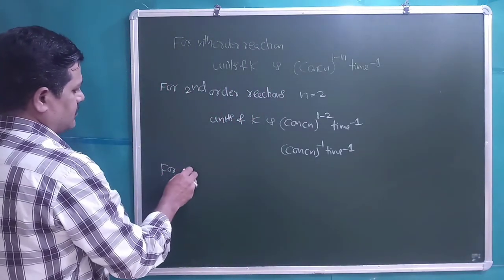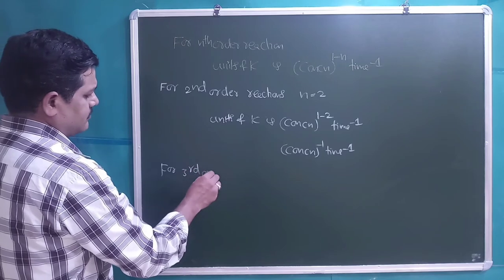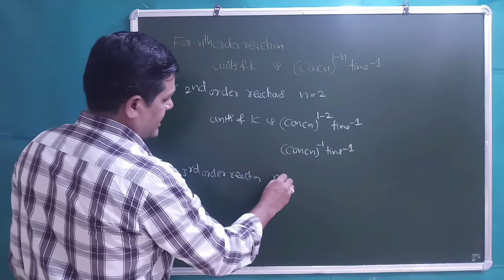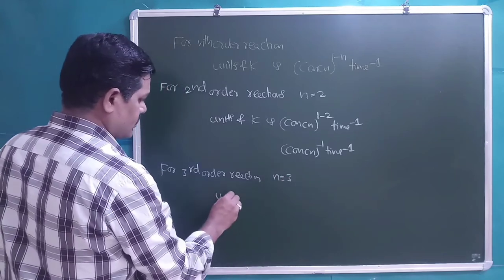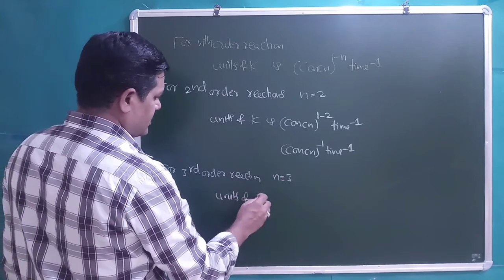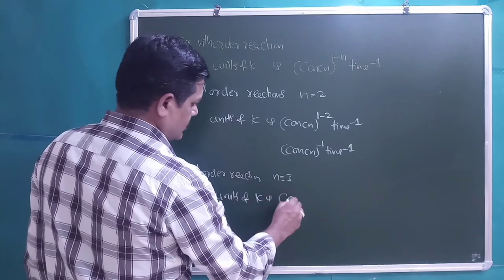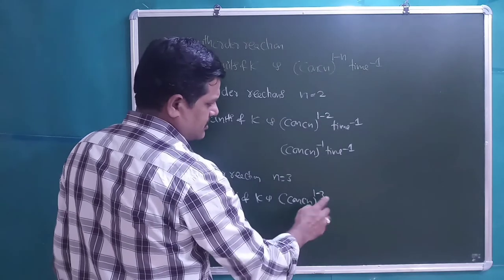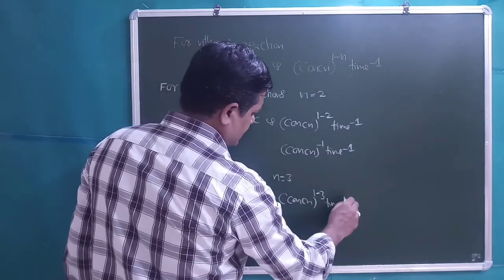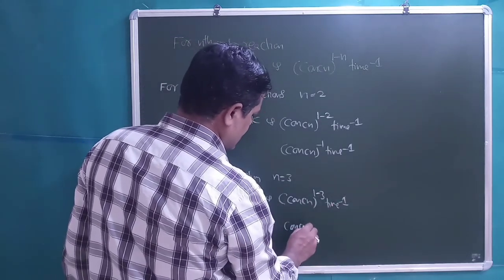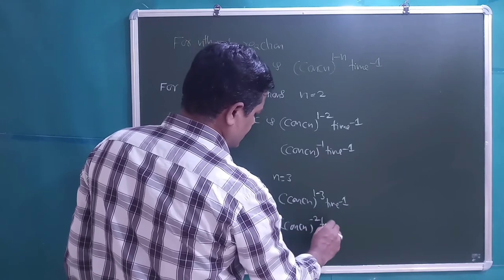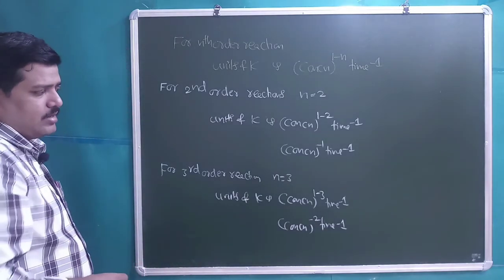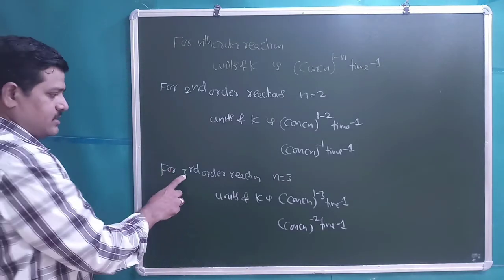Similarly, for third order reaction, n is equal to 3. Units of K are concentration power 1 minus 3, time inverse, which is concentration power minus 2, time inverse. Students, maximum order of any reaction is 3 only.